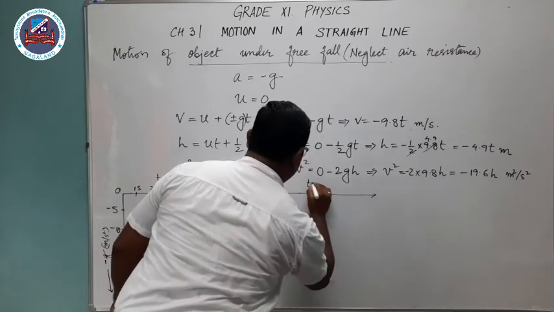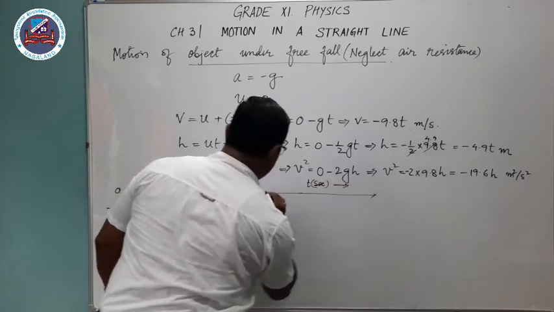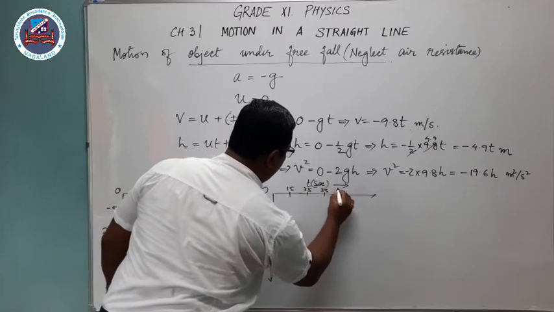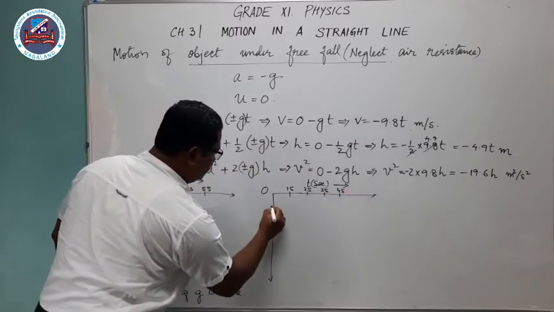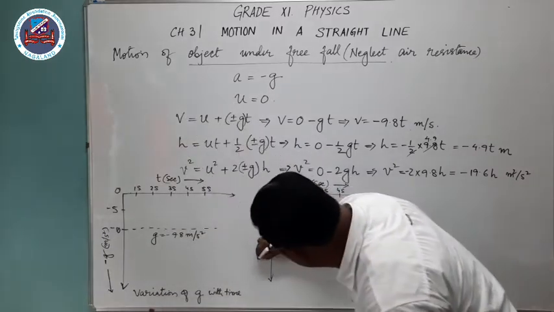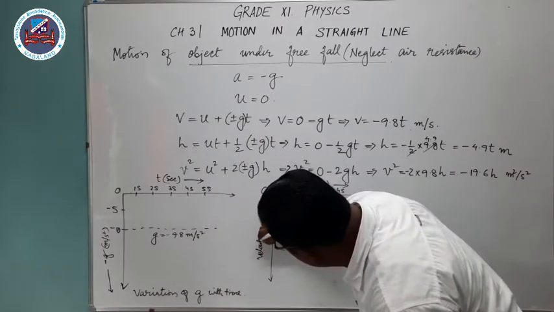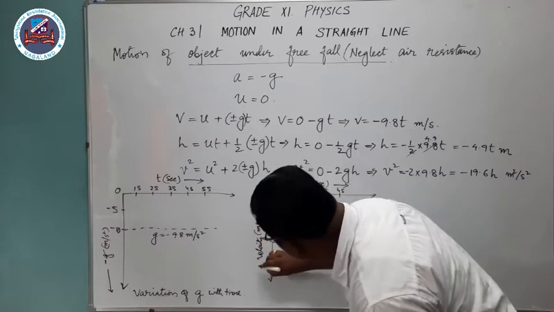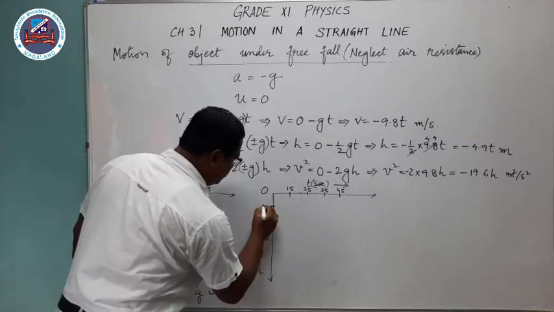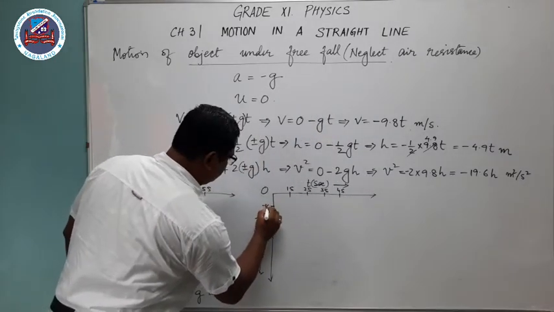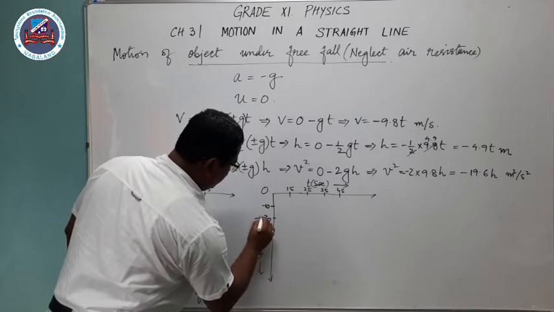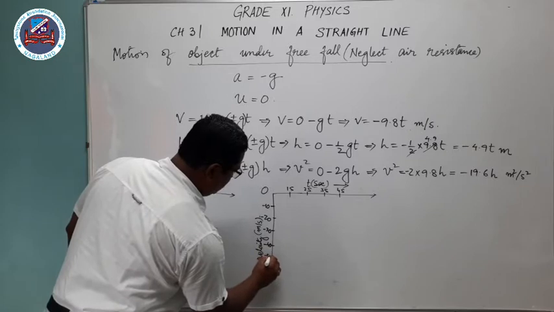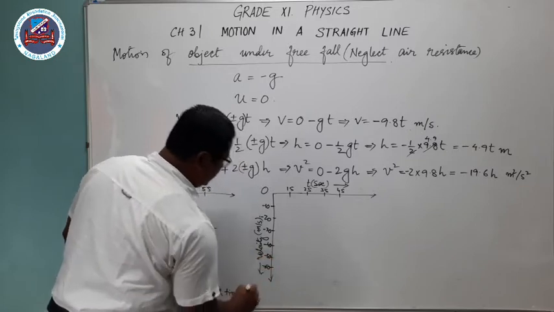T in seconds. This is the origin. 1 second, 2 second, 3 second, 4 second, and so on. This side if I represent velocity in meter per second, then minus 10, minus 20 meter per second, minus 30, minus 40, minus 50, minus 60 meter per second.